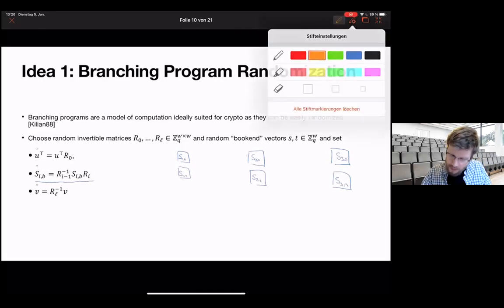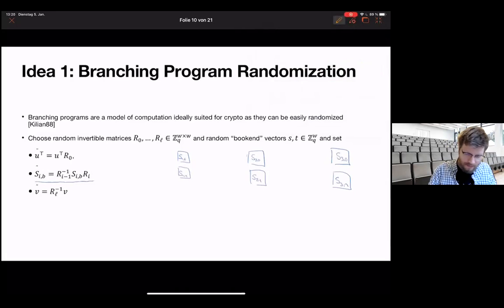And I'm gonna conjugate them with these random matrices. So S10 is turned into this S tilde 1,0, which I just get by multiplying it with R0 inverse from the left side and R1 from the right side.